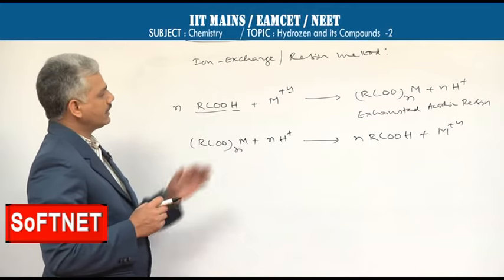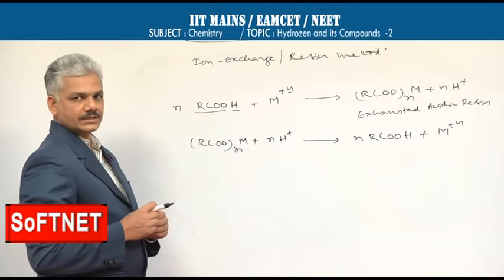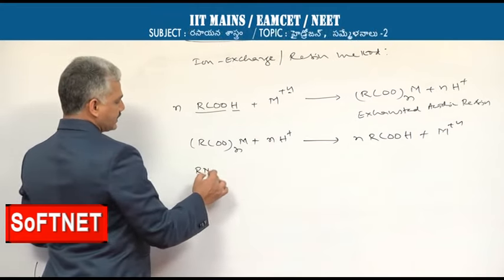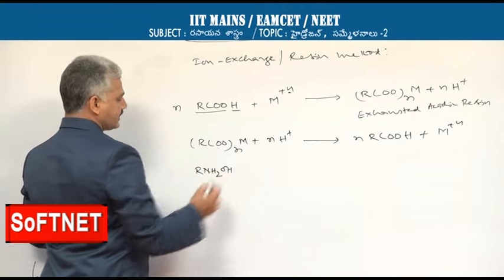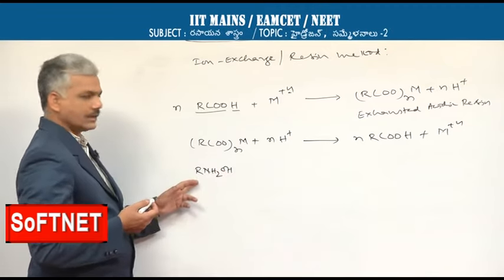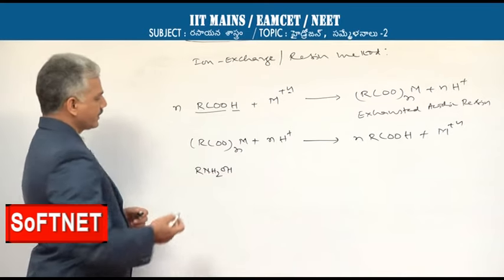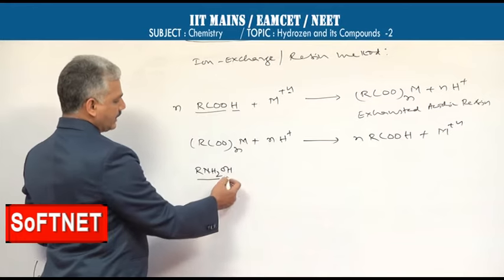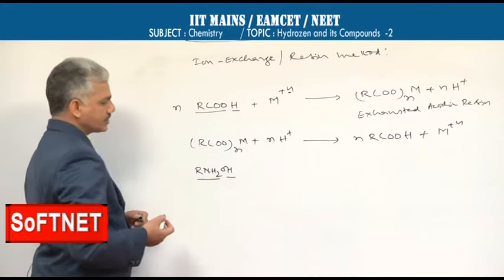Similarly, when the water coming out of the cation exchanger is passed through the anion exchanger, basic resins are present that can be represented with the general formula RNH2OH. In this, the RNH2 part is immobile in nature, while the OH part is mobile in nature.